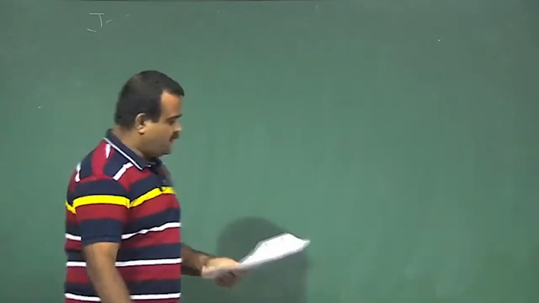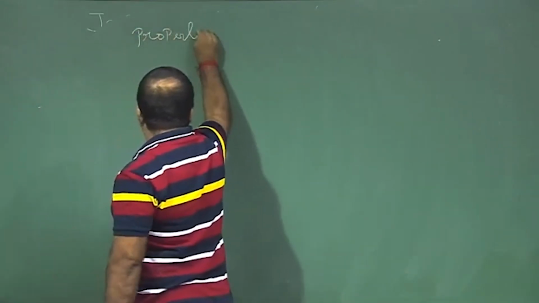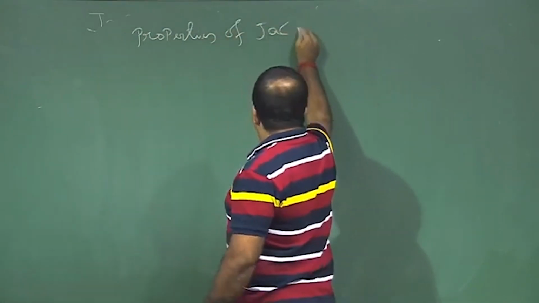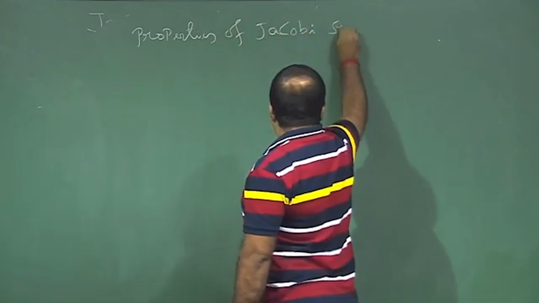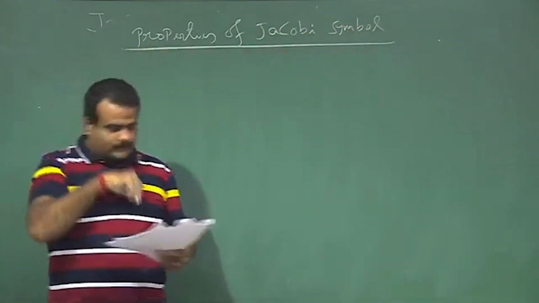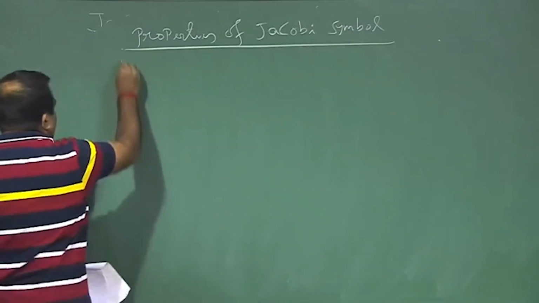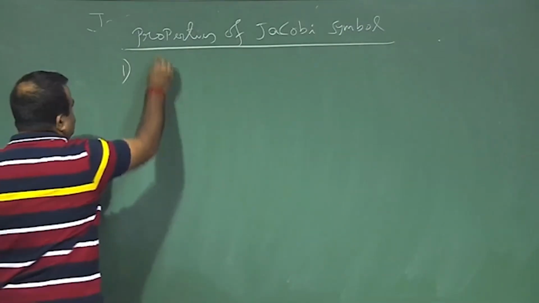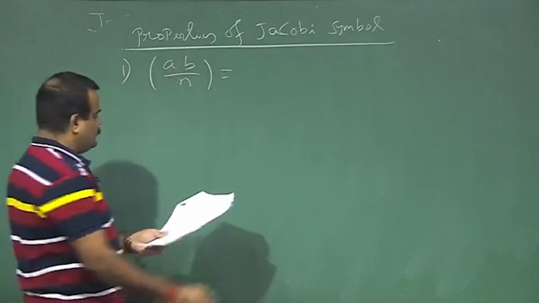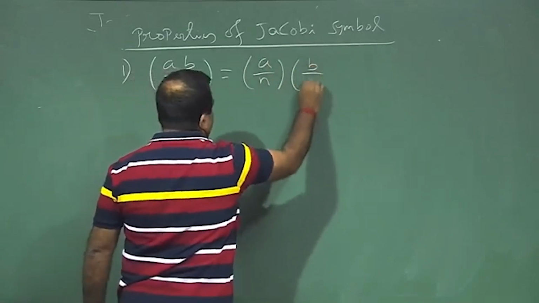So, these are the properties of the Jacobi symbol. Like the first property, we can write ab by n is equal to a by n times b by n.